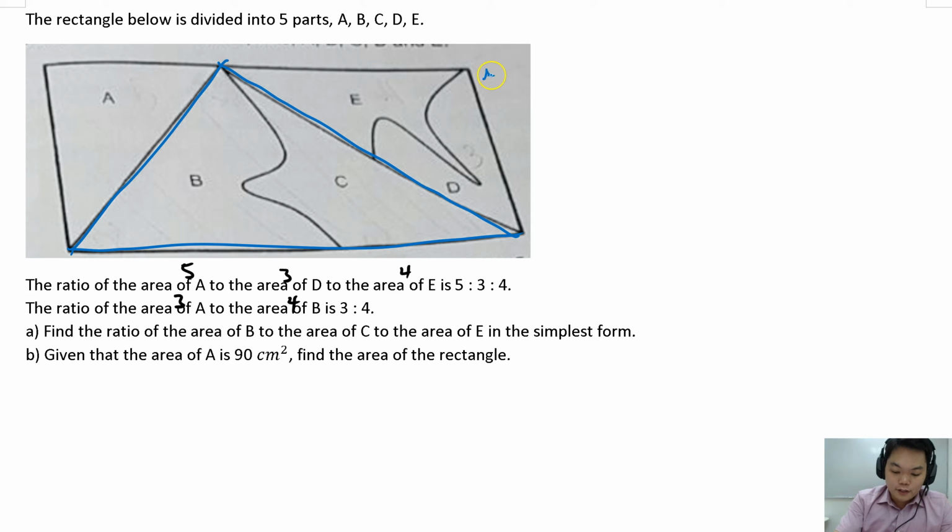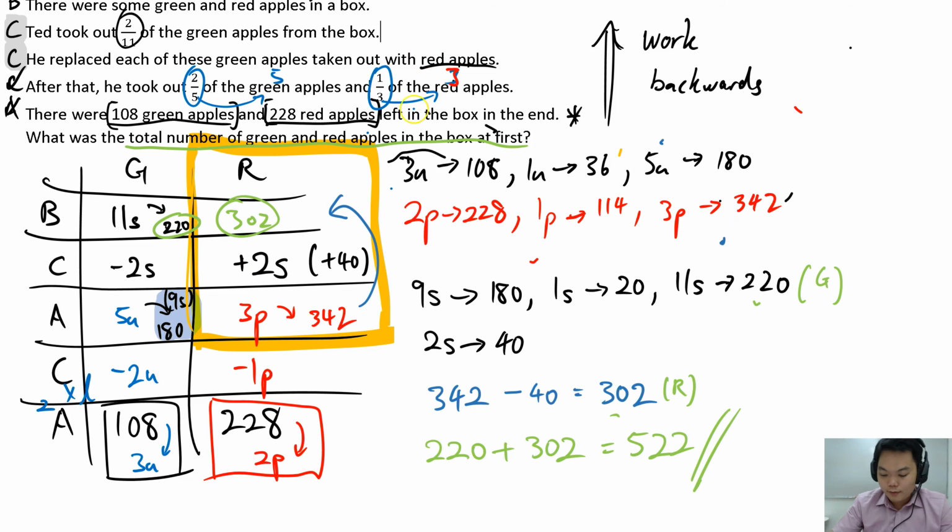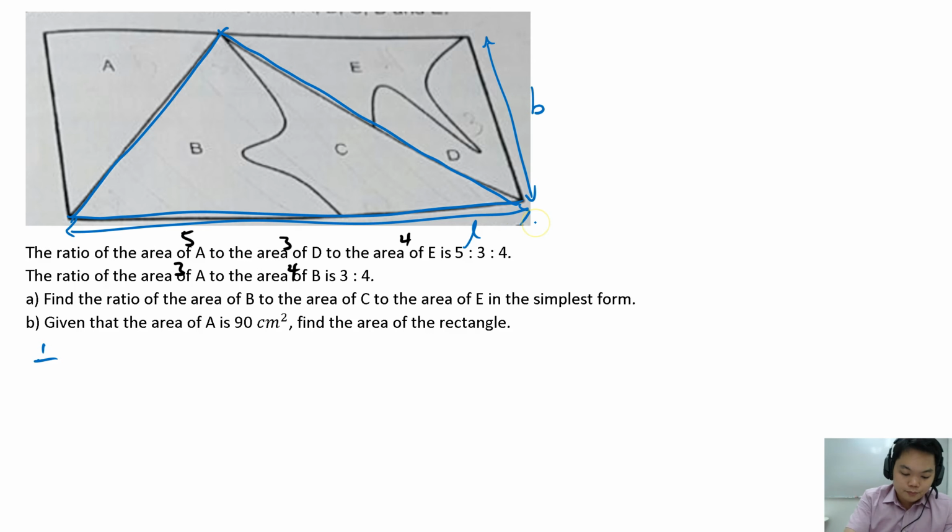Because if we look at the rectangle, this is your breadth and this is your length. We know that half times length times breadth gives you the area of the triangle.